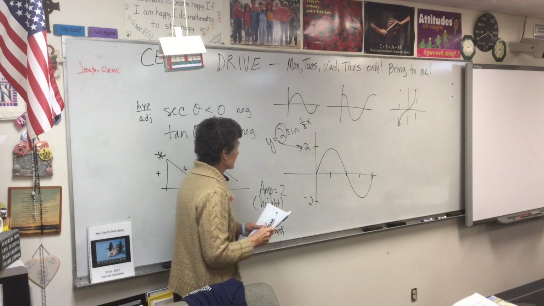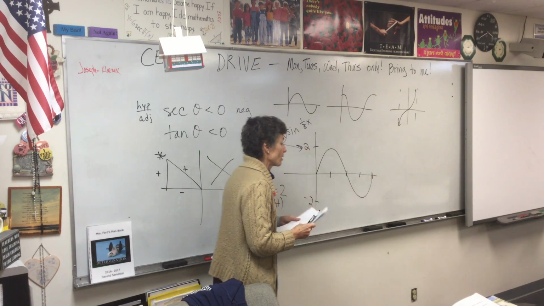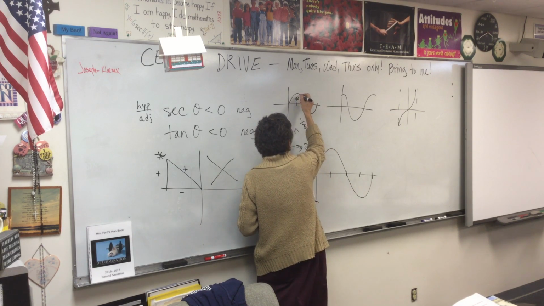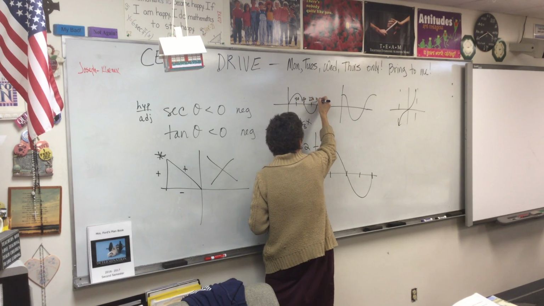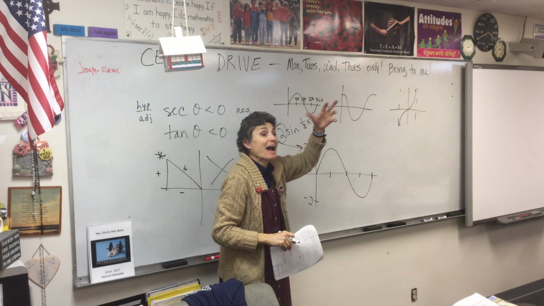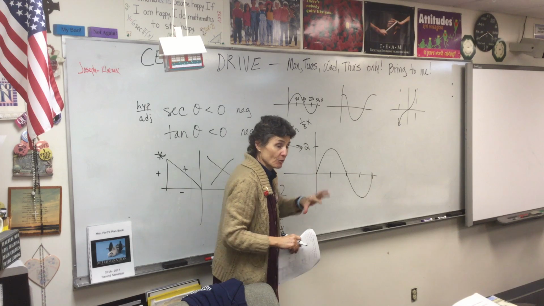Now, what about the period? How do I figure out what these labels are? 360. What about 3? Normally they're 90, 180, 270, and 360. But what have I done? Times 3. I've divided by a third.